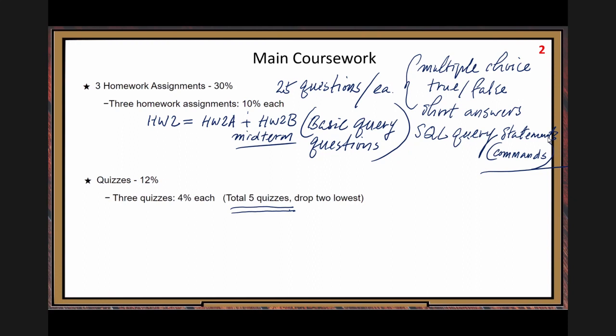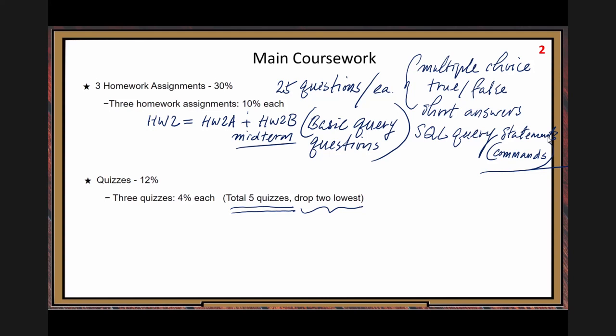And for the 5 quizzes, I allow you to drop the 2 lowest scores. Give you some room. Some students, for some special reason, couldn't do well, not feeling well, various reasons.